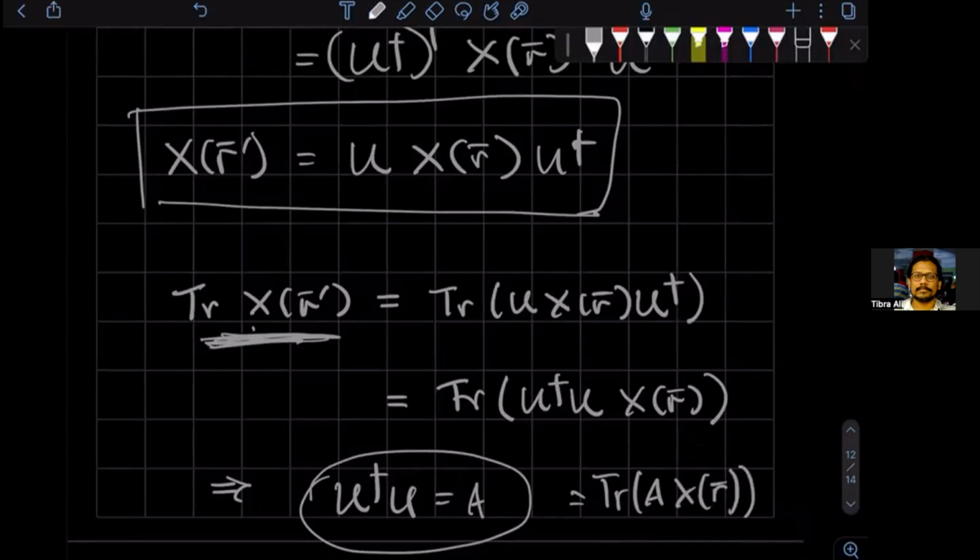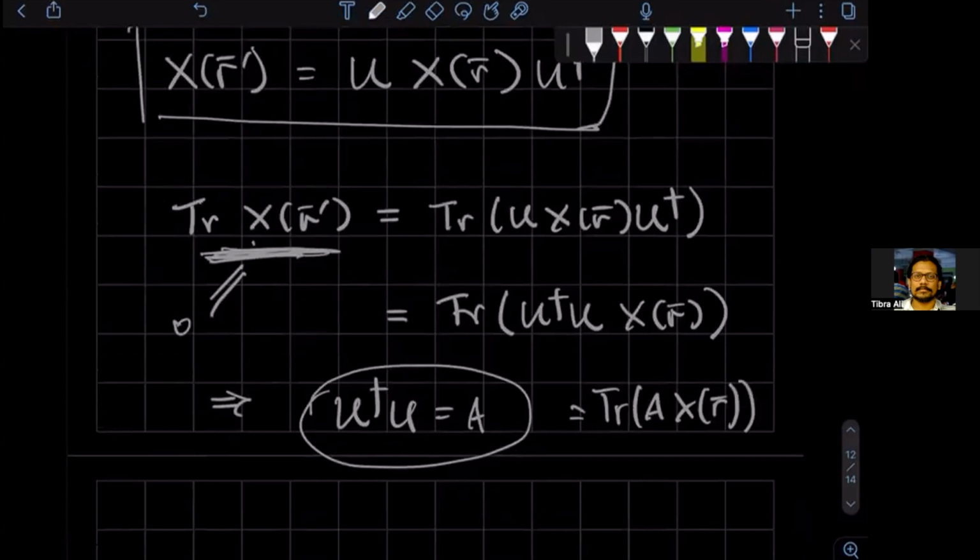But we know that by construction, this thing is 0, traceless. But if A is some other matrix, then it's not guaranteed to be traceless. And we would have a contradiction, okay?